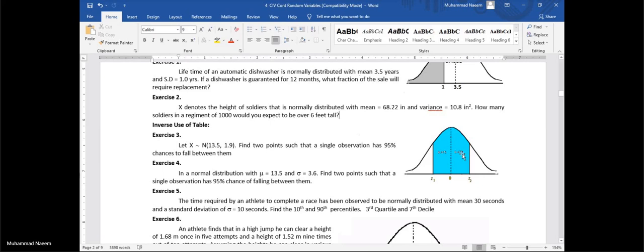This will be the corresponding area, but we need this one. So subtract tabulated area from 0.5. This proportion we will get. As you multiply this proportion with 1000, you will get the exact number of soldiers whose height is more than 6 feet.